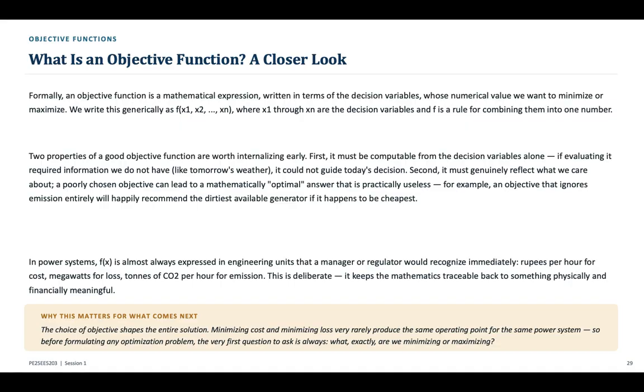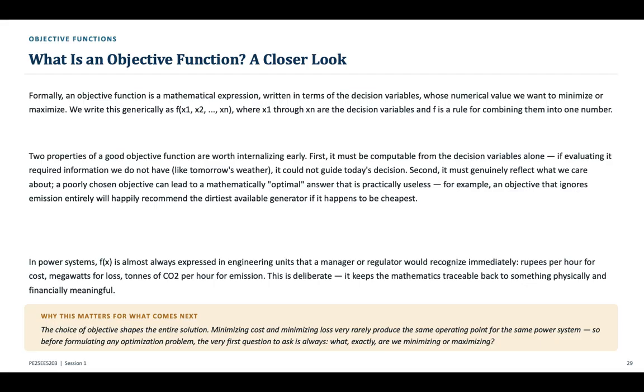Second, it must genuinely reflect what we care about. A poorly chosen objective can lead to a mathematically optimal answer that is practically useless. For example, an objective that ignores emission entirely will happily recommend the dirtiest available generator if it happens to be cheapest, right?